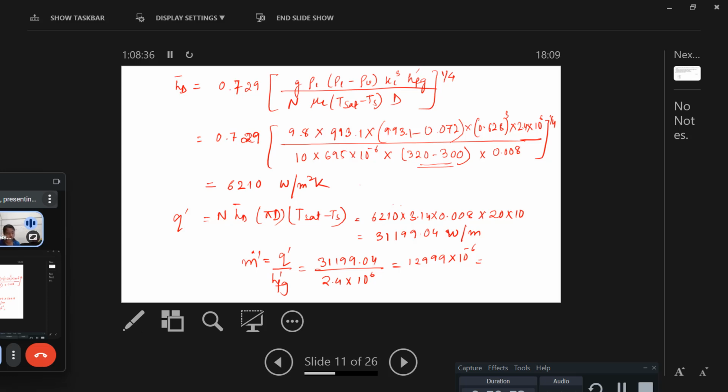So we need to calculate for the total number of tubes.